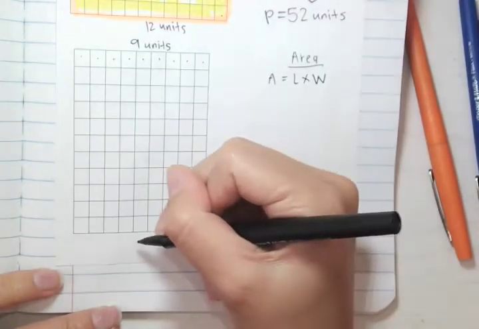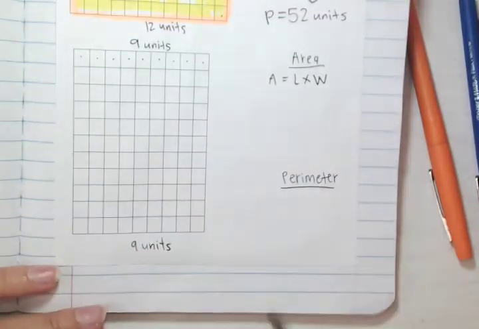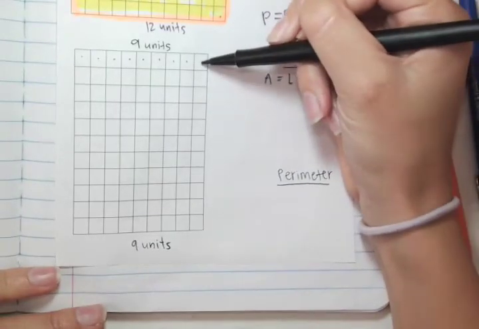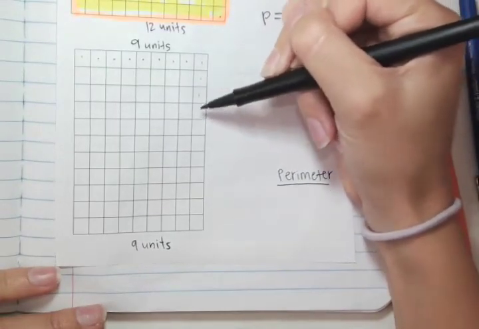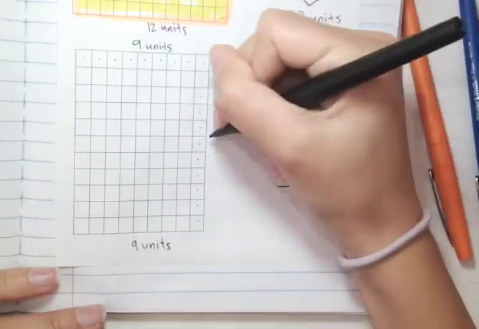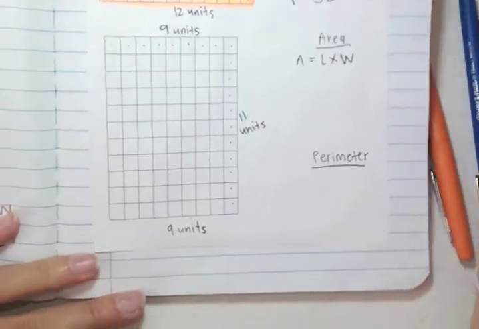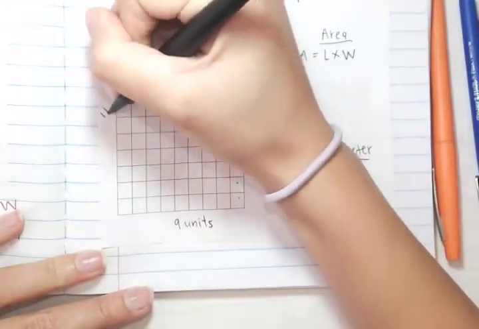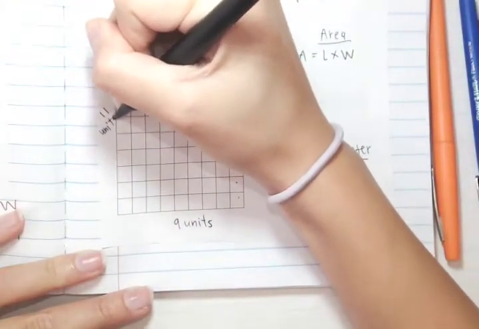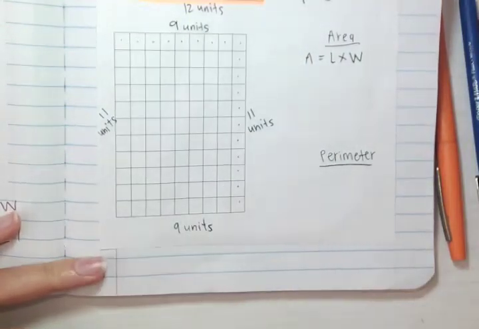So that would mean we have 9 units on the bottom. Okay, let's find our width. We have 1, 2, 3, 4, 5, 6, 7, 8, 9, 10, 11. Okay, 11 units on this side. Same thing on the other. 11 units.